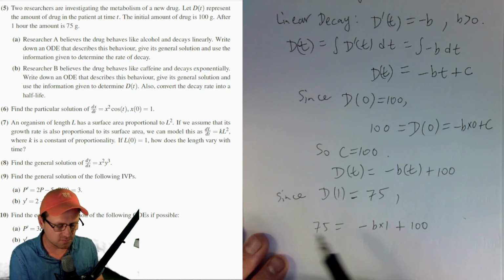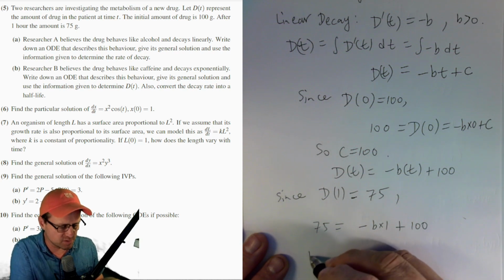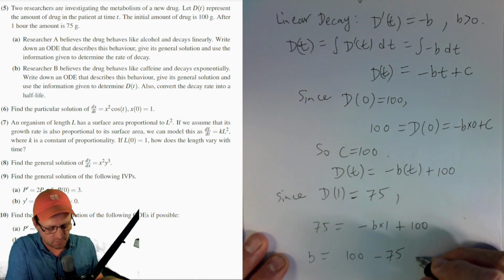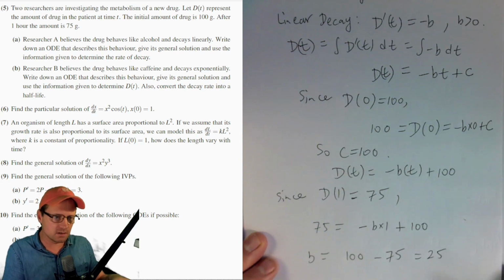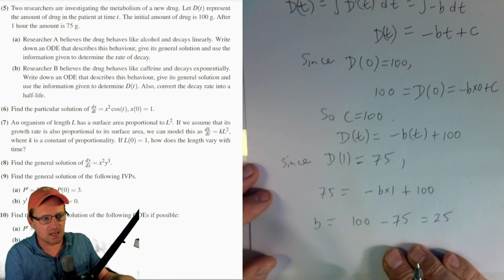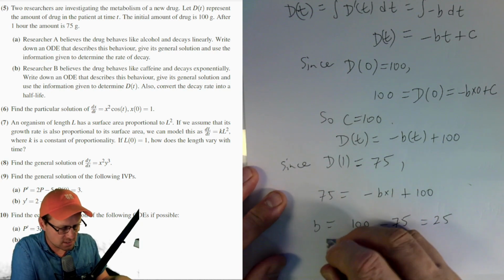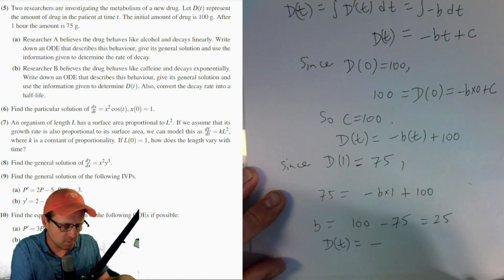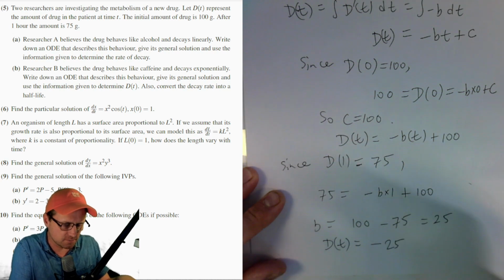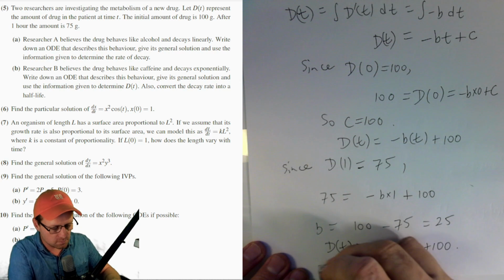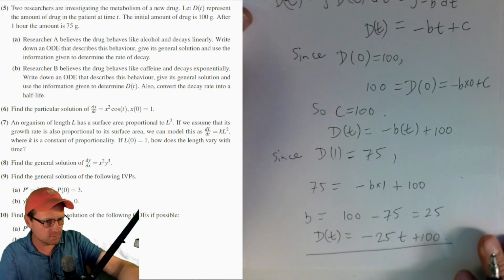Taking that over to the left-hand side, we have b equals 100 minus 75, which is 25. So b is 25, and so the linear decay assumption gives us that D(t) is minus 25t plus 100. Okay, so let's keep that handy.